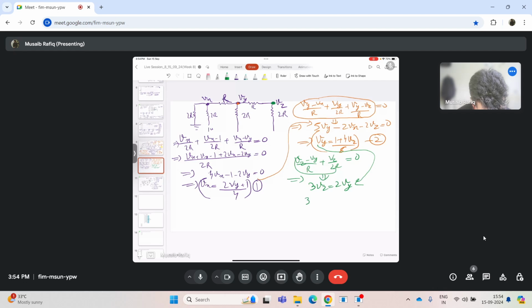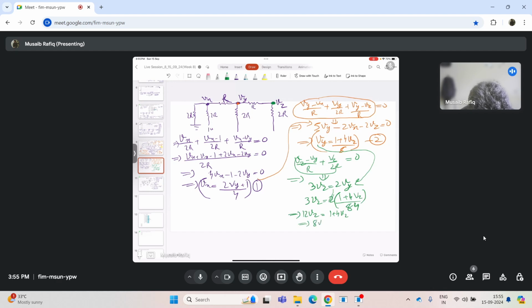Let's redo this part. 2Vy is (1 plus 4Vz) by 4, so this is 12Vz equal to 1 plus 4Vz.